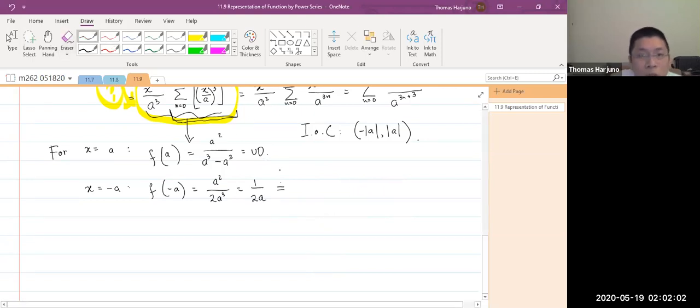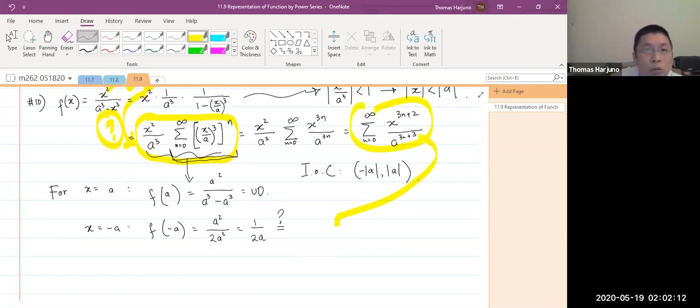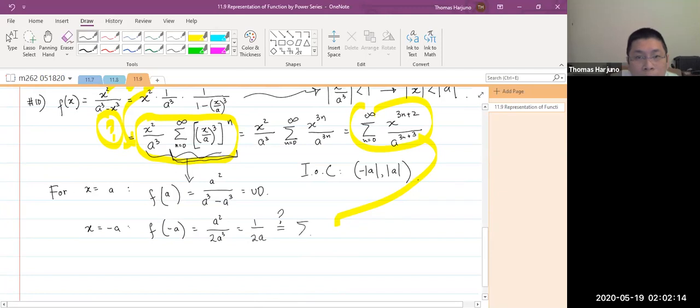So I need to check if this is true. Let me copy paste the one that I have here. Is it true? So negative a to the power of 3n plus 2 over a to the 3n plus 3.